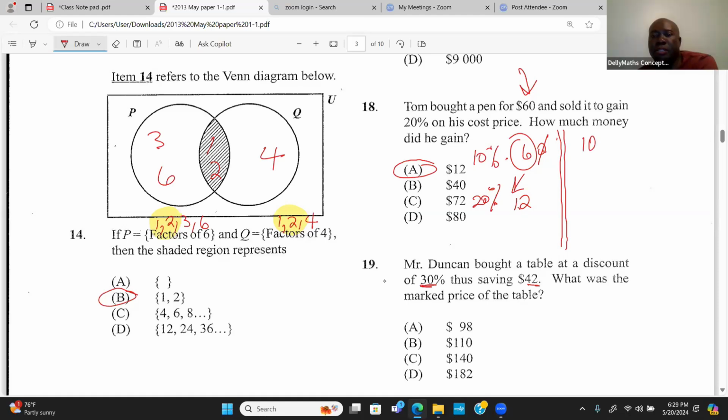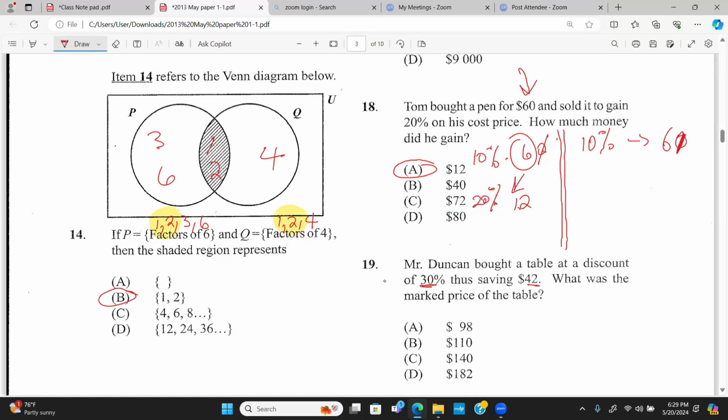No, I'm just saying 10% all the time is just to take off a 0 at the back of anything. So 10% would have been 6. Okay. So 20% is 12. 30% is 18. You see what I want?